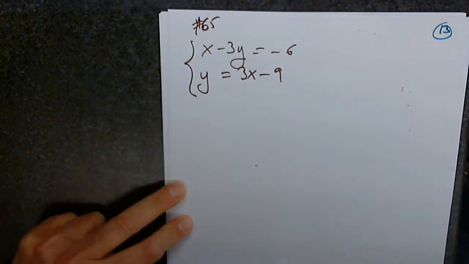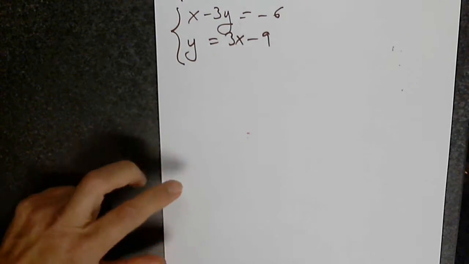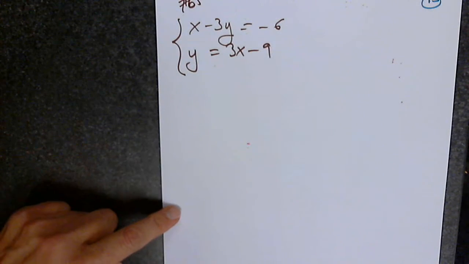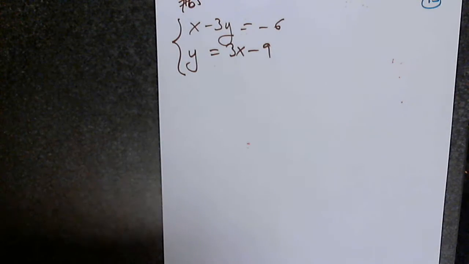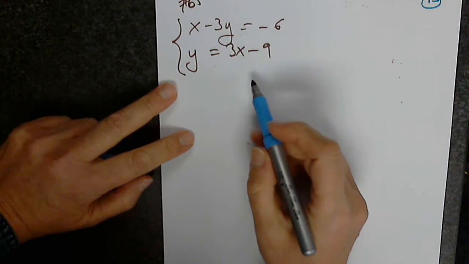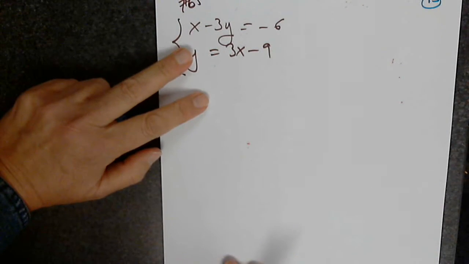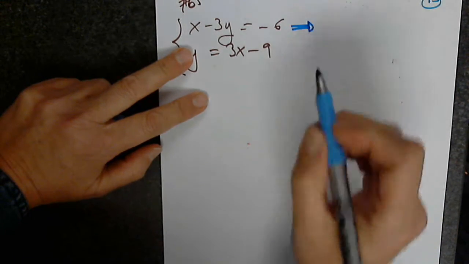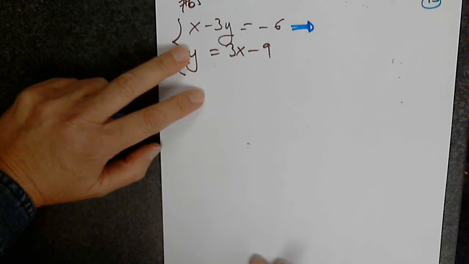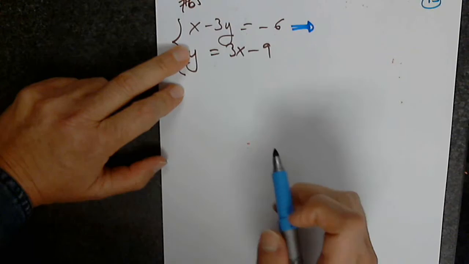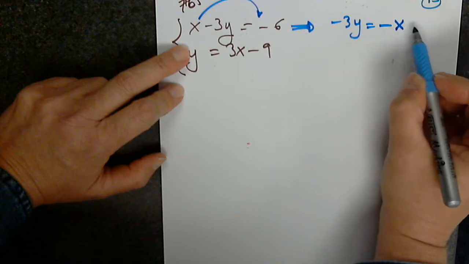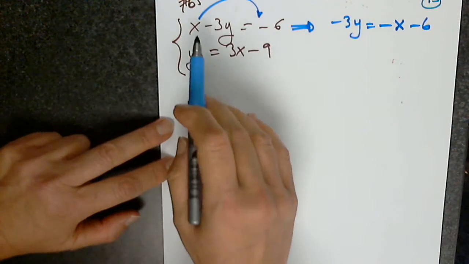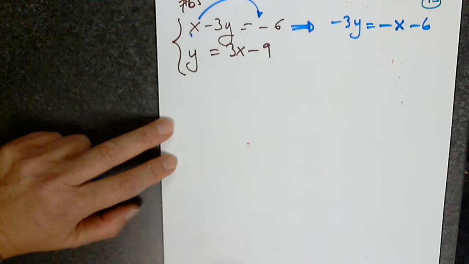Can anyone get us started? We're going to find the slope of each one. So you want to move x here? Yes, so negative 3y equals negative x plus 6. I'm only moving this positive term to the other side and making it negative.